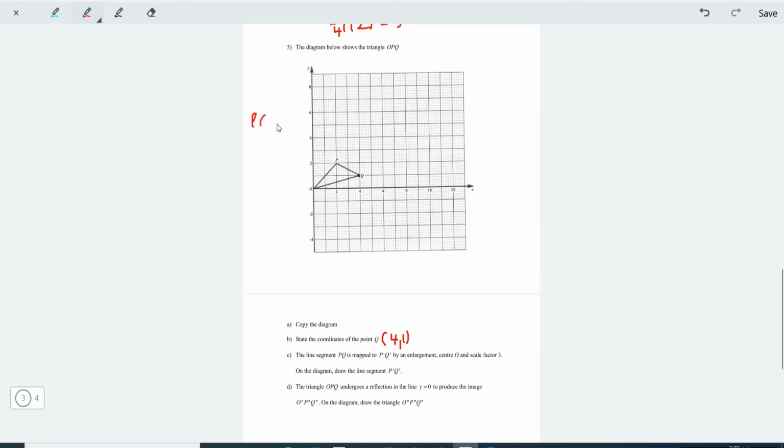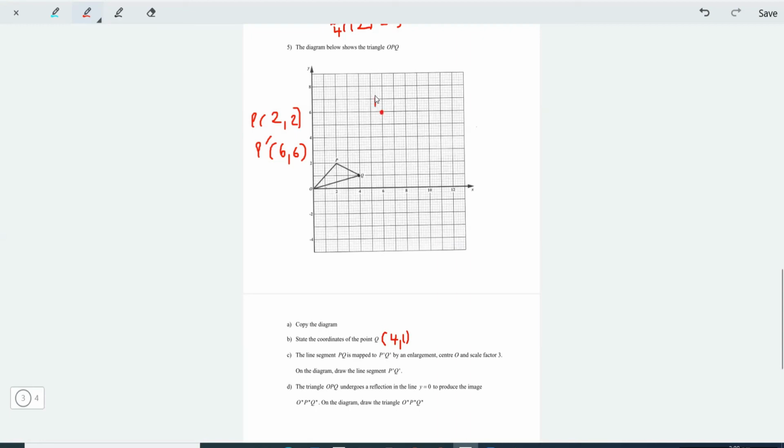If it is mapped by an enlargement with scale factor 3, all you need to do is multiply (2, 2) by 3. So P prime would be 2 times 3 is 6, and 2 times 3 is 6. All you do is multiply P by 3 to get P prime, so P prime is (6, 6), somewhere right here.